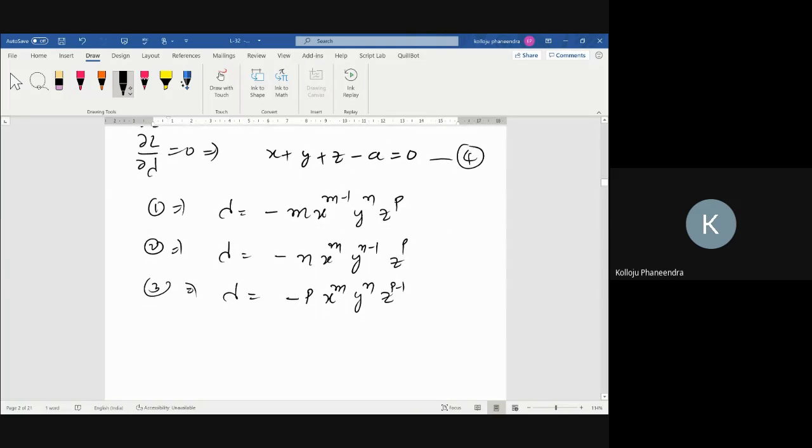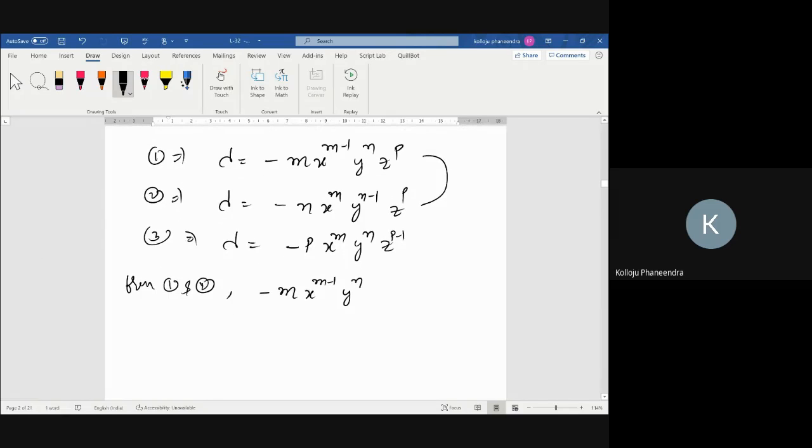So equate these two first. I will write like this: from 1 and 2, minus m x^(m-1) y^n z^p. You can do this in any manner to solve it.